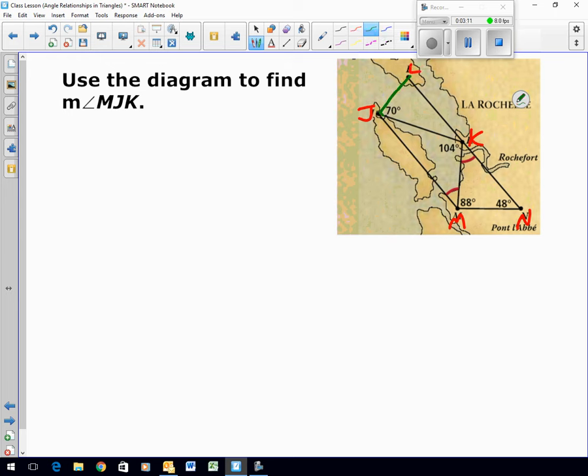Here are the triangles. Here's one. In the back, can you guys see these angle measurements? Can you read the angle measurements? I want you to do that one for me. Try and find the measure of angle MJK.